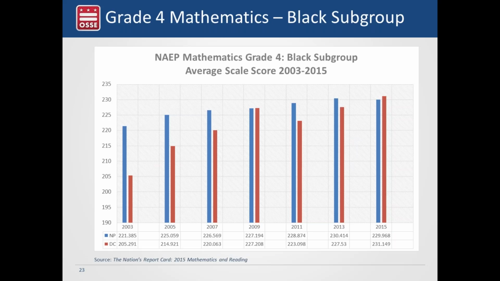The blue bars will represent the national public students in the particular subgroup that took the 4th grade mathematics or reading, and the red bar is the District of Columbia. In this example, for 2015, the DC 4th grade Black students that took the mathematics test performed better than their peers in the nation that took the same test.